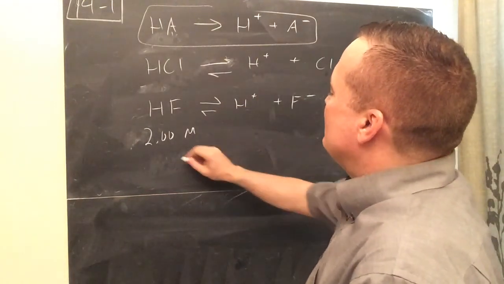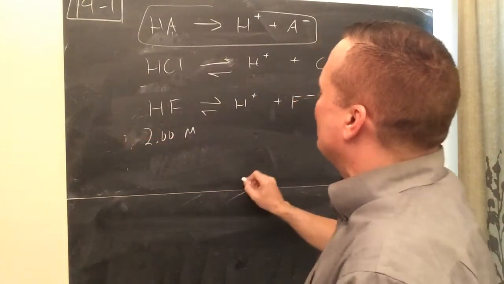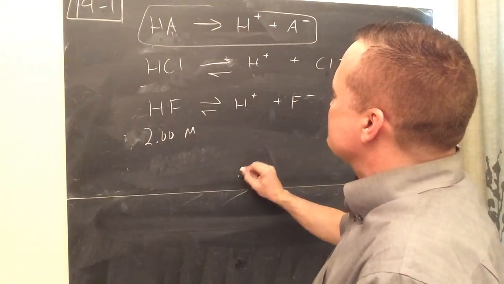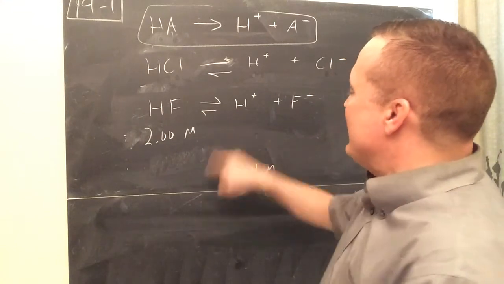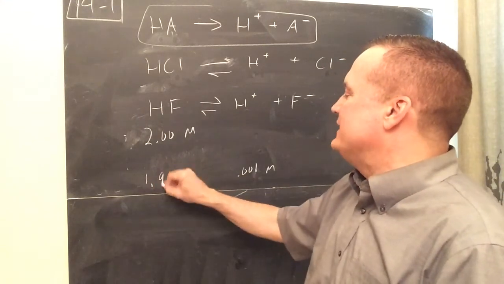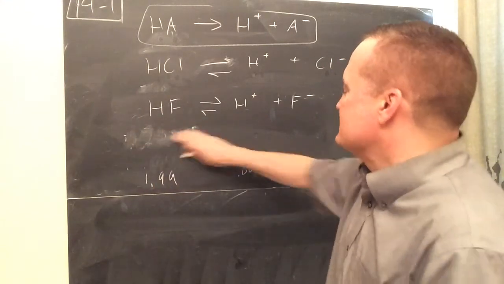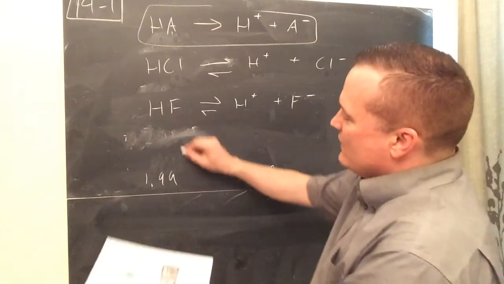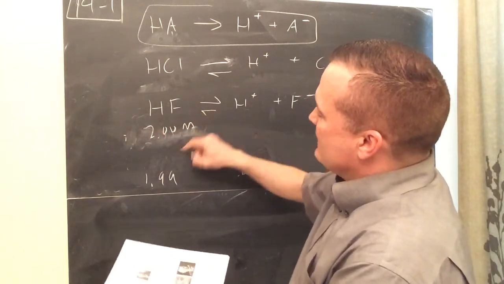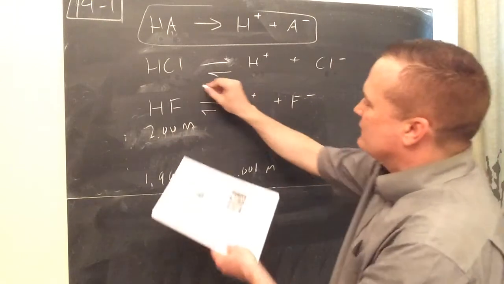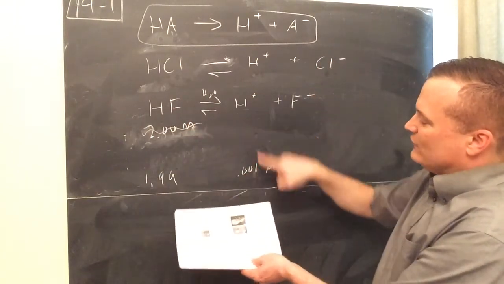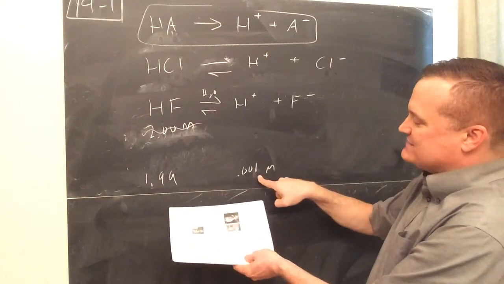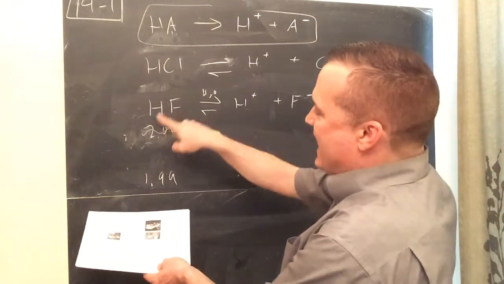At equilibrium, you only are going to end up with, let's just make it 0.001 molar of H plus, and you still have 1.99 molar of HF. So you started with 2 molar, it reacted, it broke up with water, H2O, and now you have only that much H plus, but all of this is intact.